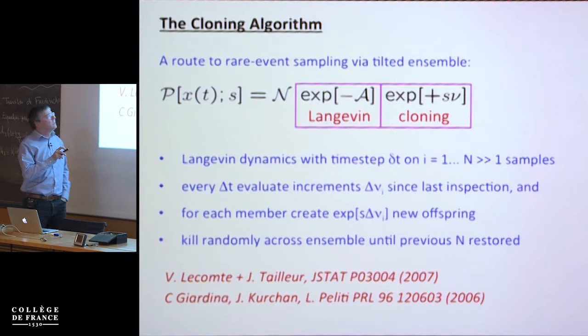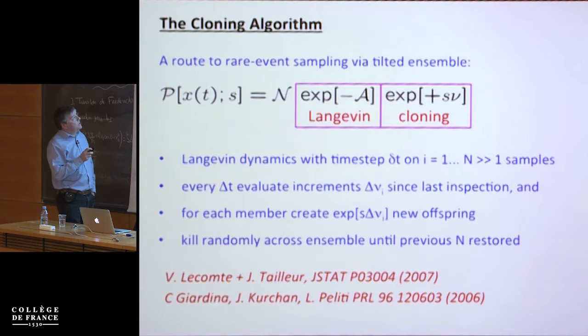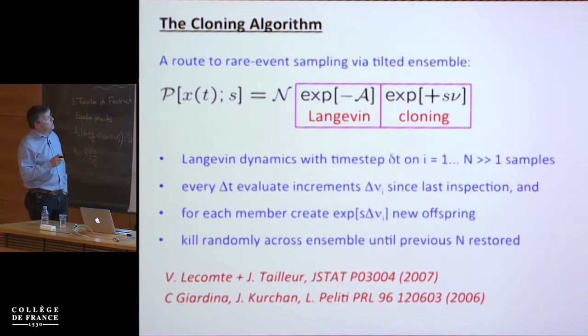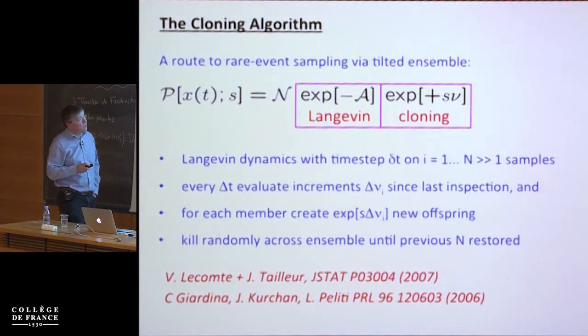Okay, so this is what you can do. Langevin cloning. You do Langevin with the time step on large numbers of samples in parallel. And from time to time, so a larger time step, you evaluate what has happened to the value of this bias parameter since your last inspection.